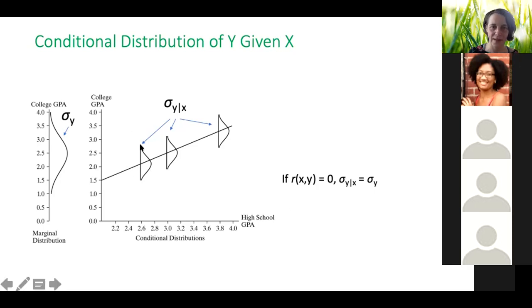The standard deviation of those distributions should be the same. That's one of the assumptions for regression models, so it should be the same across the entire range of x values. We just have to keep in mind that this is the conditional distribution of y values given x.